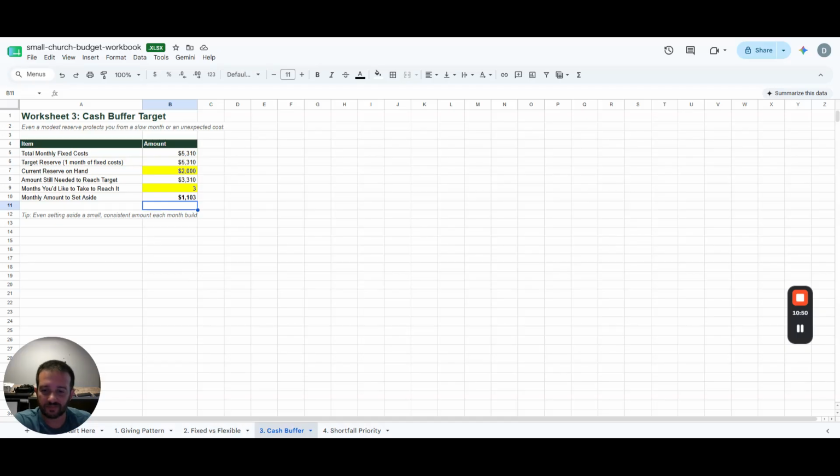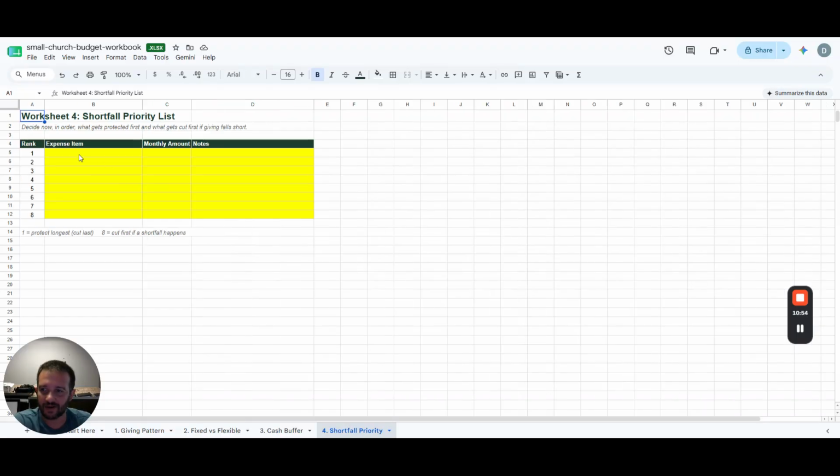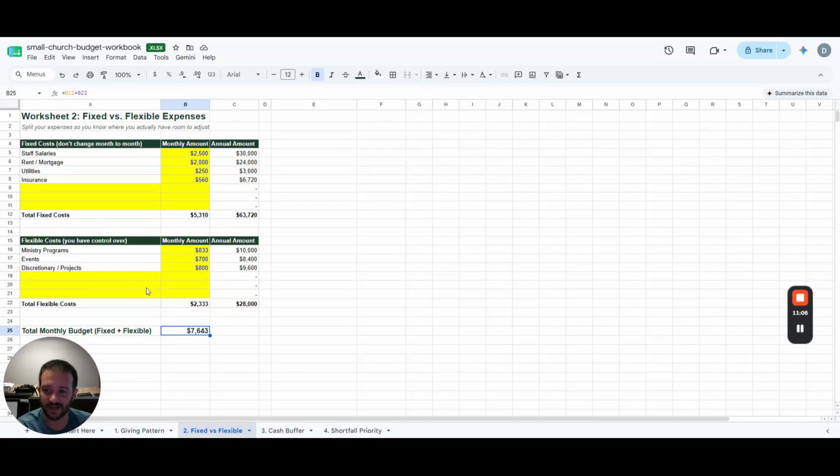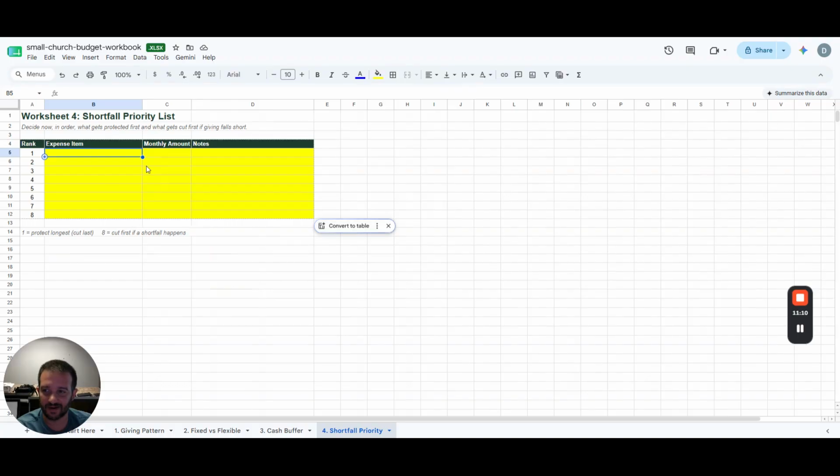All right, and then the last thing, the shortfall priority. What is it that we're going to cut if we need to cut something? So if we're running out of money, what do we have to do? I would come back over here to the Fits and Flexible and say, well, first thing we're going to have to cut is events.